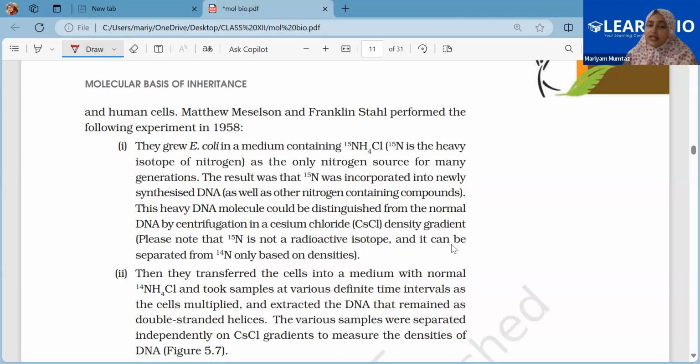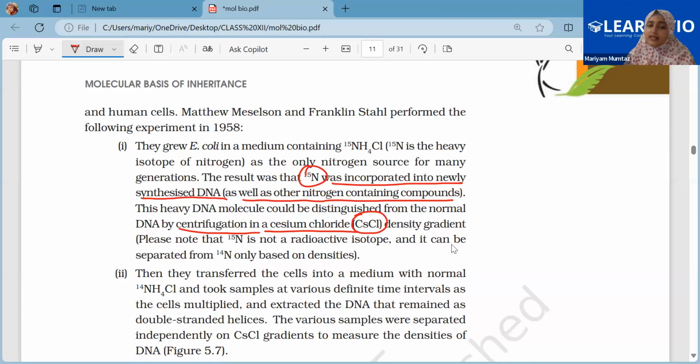Now, the result was that the N15 was incorporated into the newly synthesized DNA as well as other nitrogen containing compounds. This heavy DNA molecule could be distinguished from the normal DNA by centrifugation in a cesium chloride, CsCl, density gradient.